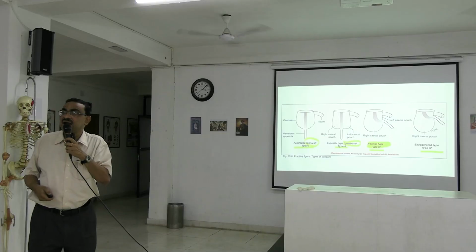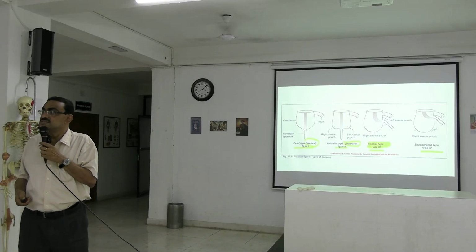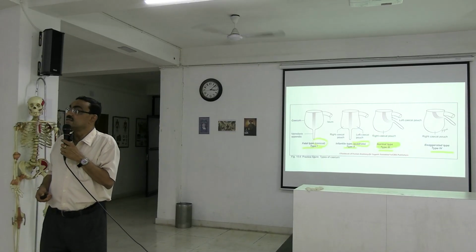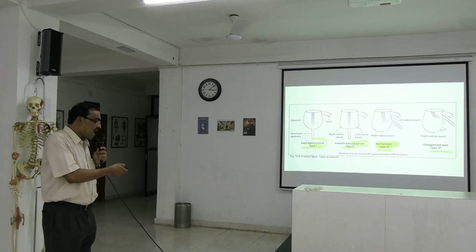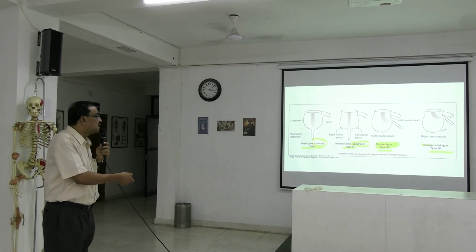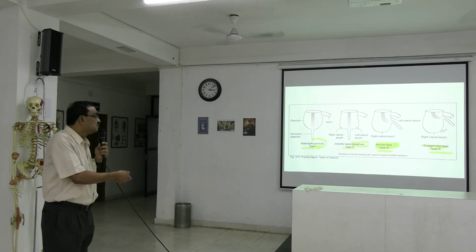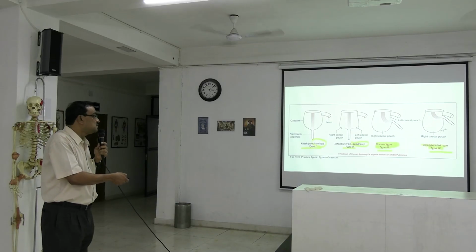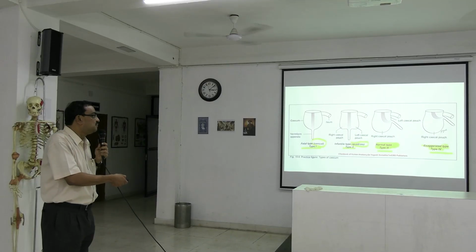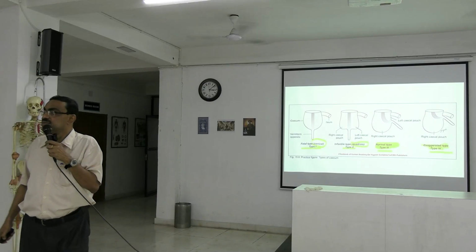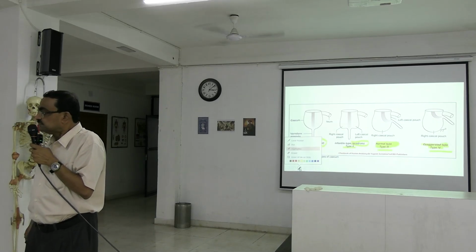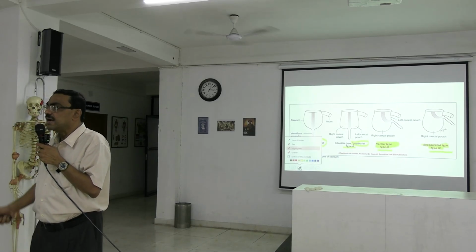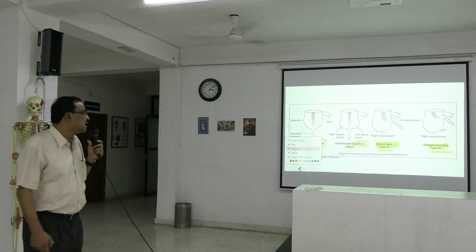So this is called adult type, which is present in 90% of cases. And in another 2 to 3% of cases, the right cecal pouch is more developed, which is called exaggerated type. So these are the different types of cecum.